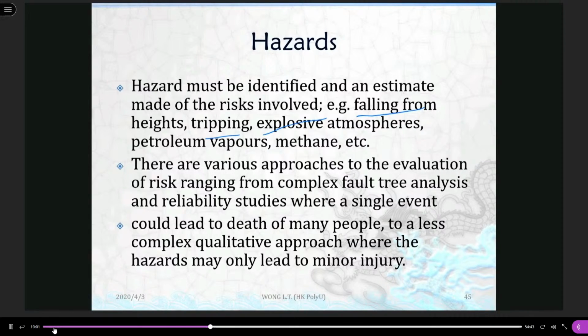These could lead to deaths of many people, down to less complex qualitative approaches where the hazards may only lead to minor injury. Usually we focus on that for the classroom, unless for more serious cases. But usually this in general will be good enough.